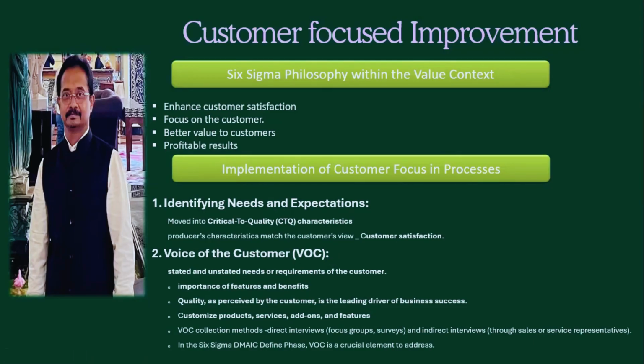Voice of the customer talks about what they need, which may be a stated or unstated need. We will go through it in detail in due course. VOC talks about the important features, benefits and quality as perceived by the customer. You may think this is what the client expects, but the client may expect differently.